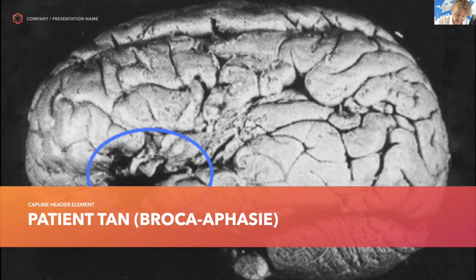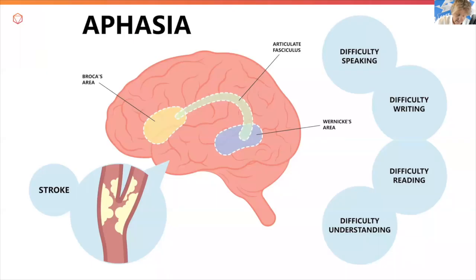After the patient's death, Broca performed an autopsy of his brain and found a severe lesion in the left temporal lobe, which was caused by syphilis. Broca suspected that the speech center of language production must be located there. Broca's area was named after him.